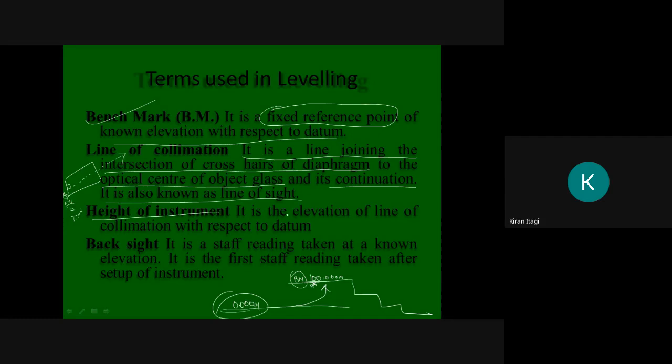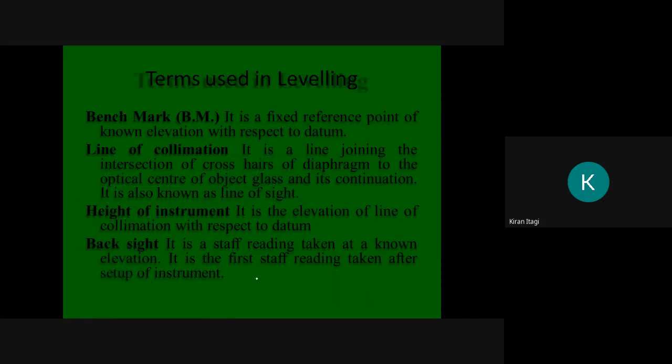Height of the instrument is the elevation of the line of collimation with respect to datum. In simple words, if I draw like this, this is my datum line, sorry, surface level. If I hold a staff here, means a scale, the line of collimation or line of sight shows, say, 3 centimeter on the scale.